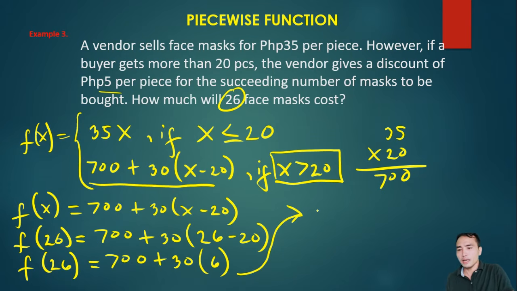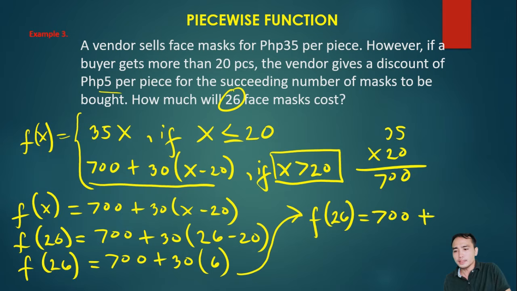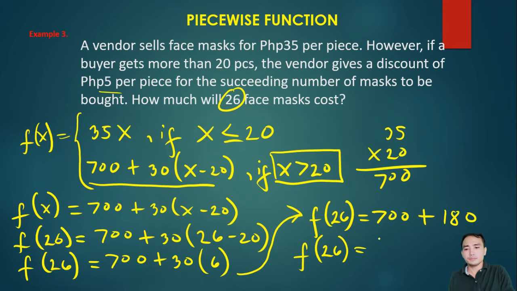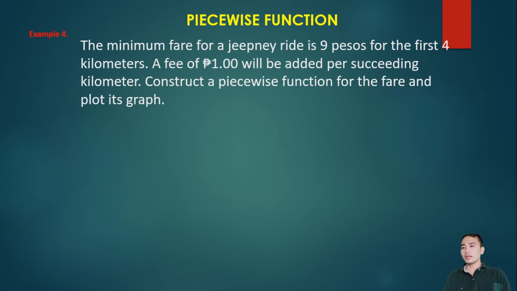Okay, dito tayo sa kabila. F of 26 equals 700 plus 30 times 6 is equal to 180. So, meaning, kapag bumili yung buyer ng 26 face mask, yung babayaran niya ngayon is 880 pesos.